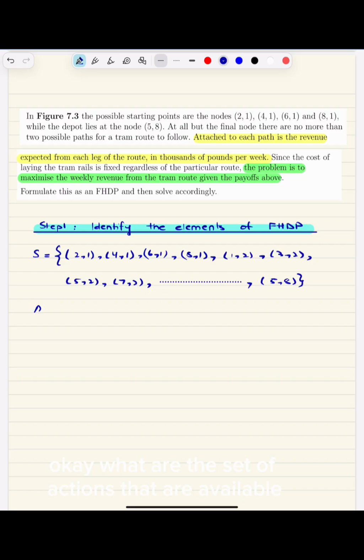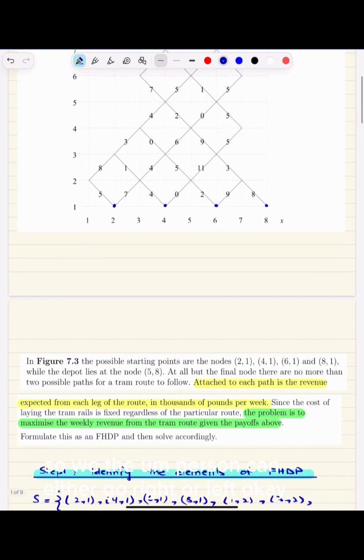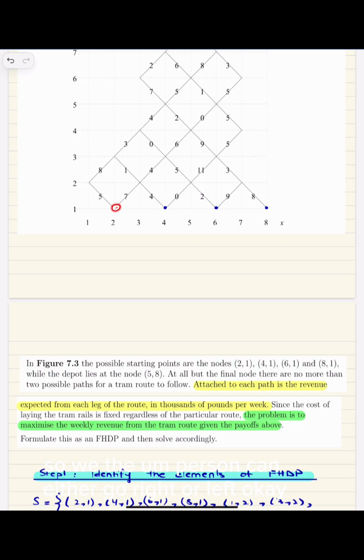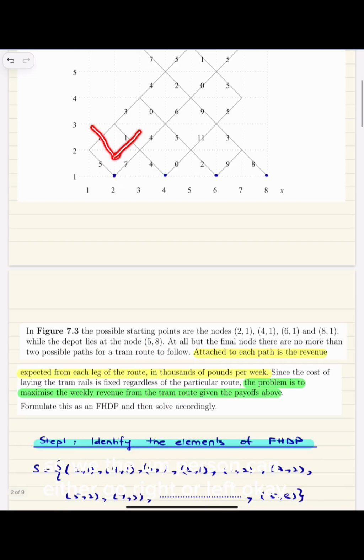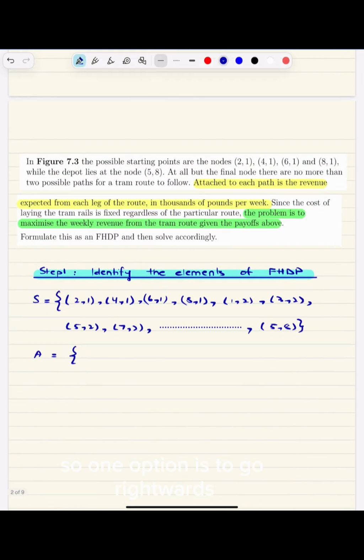Okay, what are the set of actions that are available? So the person can either go right or left. Okay. So one option is to go rightwards, and we can represent that by a +1 sign, and the other option is to go leftwards.